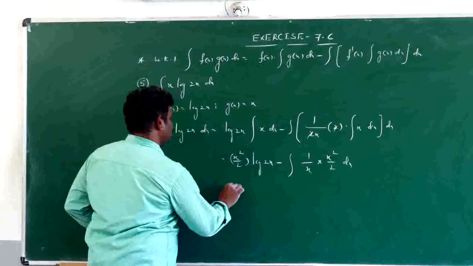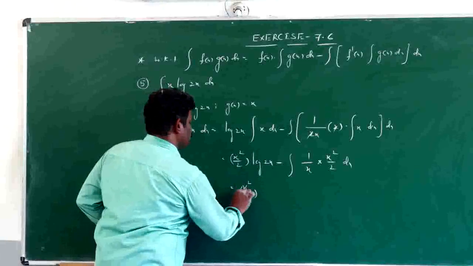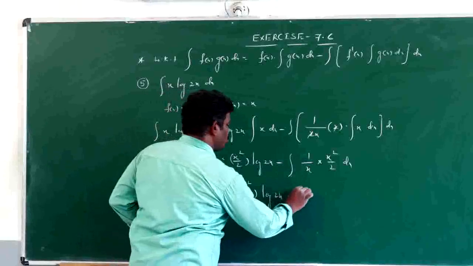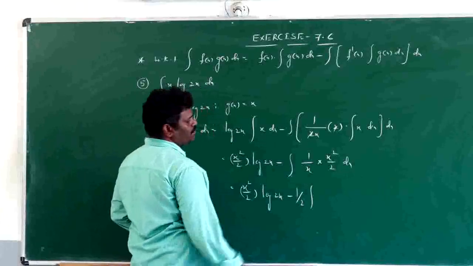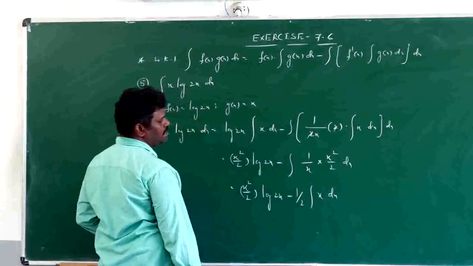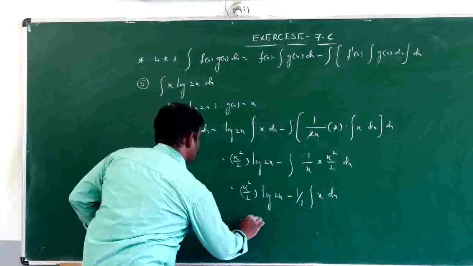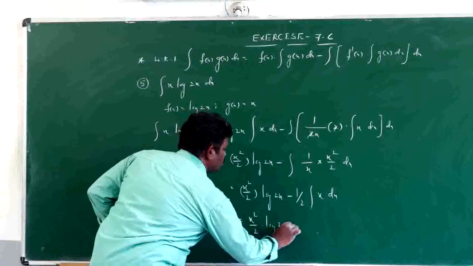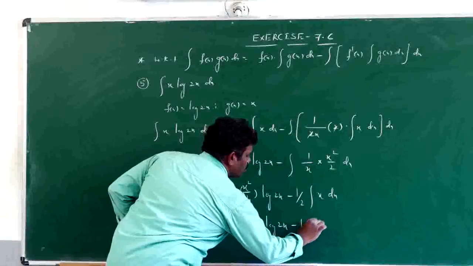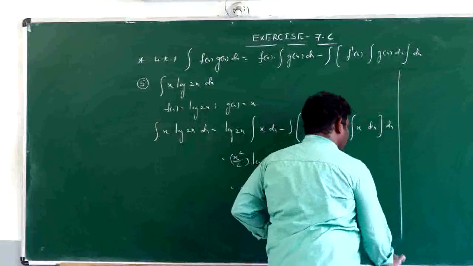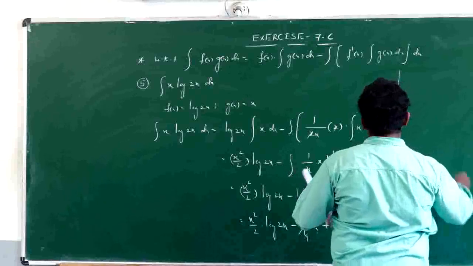That is equal to x square by 2 into log 2x minus 1 by 2 common, if we take the integral, x cancels, x into dx, then again x square by 4. So x square by 2 into log 2x minus 1 by 4 into x square plus c. So this is the fifth one, and the sixth one is the same model.